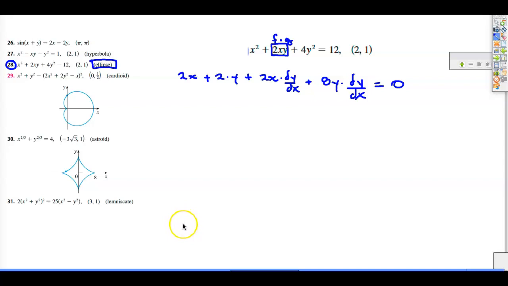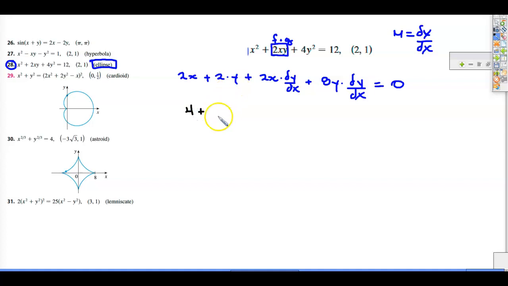Now, this one is just asking us to find the equation of the tangent line, for which we need the slope, which is expressed as dy over dx. So at this stage, it's not necessary for me to solve for dy dx like I did in the previous problem. So if you put x to be 2, you get 4.